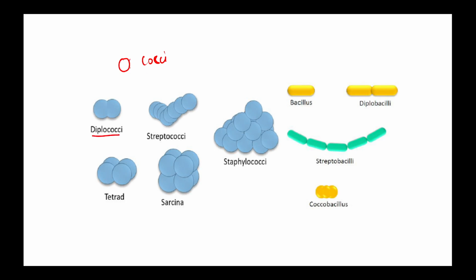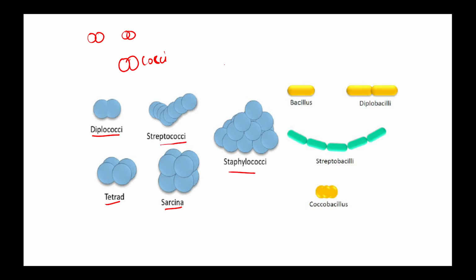If they are present in a pair, it's called diplococci. If they are present in fours, it's called tetrad. If they are present in eight, it's called sarcina. And if they are present in long chains of cocci, it's called streptococci. If it is present in a bunch of cocci, then it is called staphylococci.